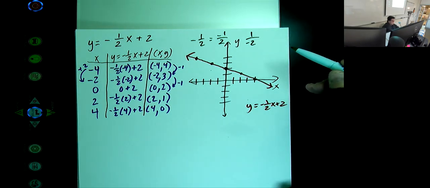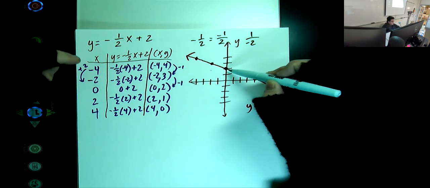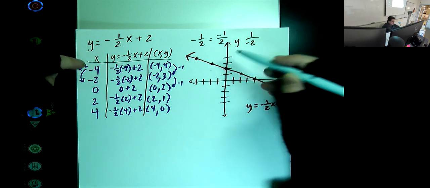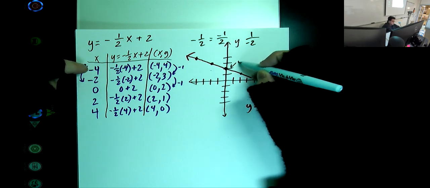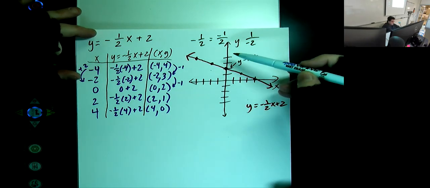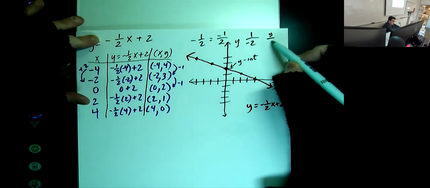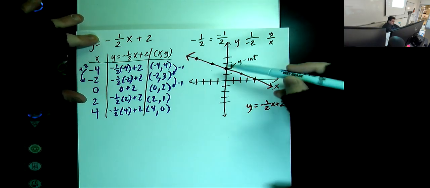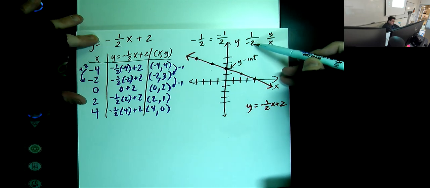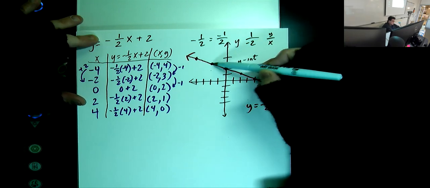If I start here, it's crossing the y-axis, so this is my y-intercept. The top one is our y movement and the bottom one is our x movement. So if I go with the 1 on top, -2 on bottom, I can go up 1 and left 2.